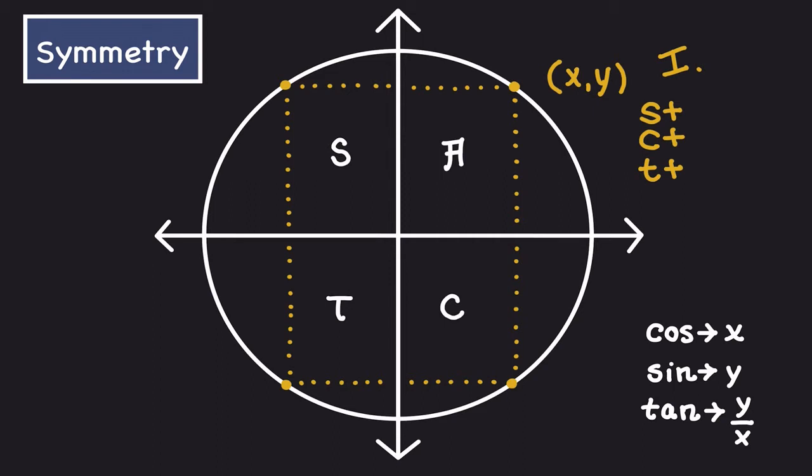In the second quadrant, now we remember that way back when we were talking about the xy coordinate plane, here's where our x values have become negative, but because we're above the x-axis, our y values are positive. So this point right here is going to be negative x, whatever the x was in our first point, comma y. So it's a same angle, reference angle. We're going to talk about that in the next slide.